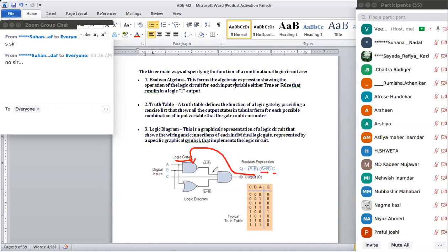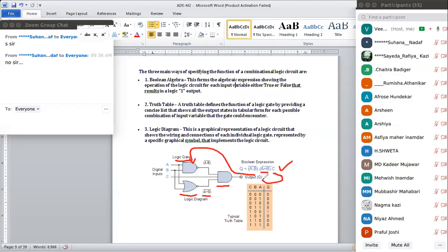Then what I require is (a plus b) whole bar, so I'm going to use a NOR gate. And then c I'm going to give as a product, so I'm using one more AND gate, where I'm giving the output of these two gates directly with c. So I will get this expression.